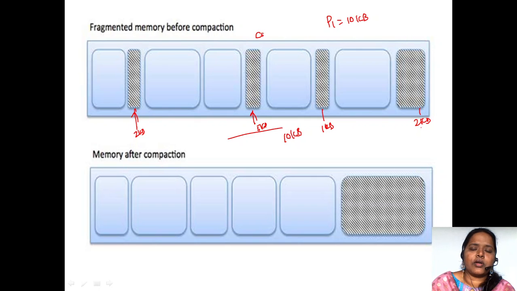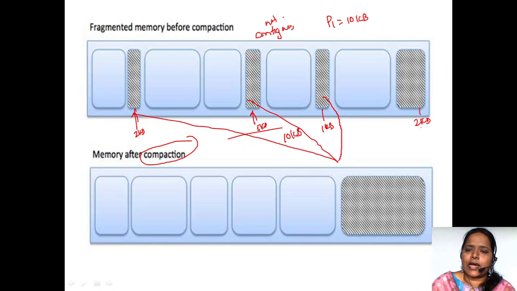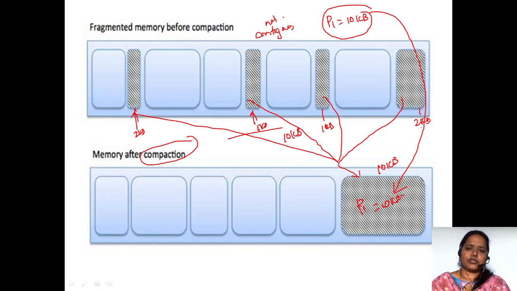Because they are not contiguous. Now I do the concept of compaction. I bring all the spaces together to one point so that it totally becomes 10 KB. Now if process P1 needs 10 KB, I can accommodate it here. So this is the process of compaction.